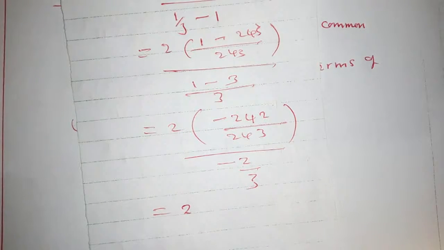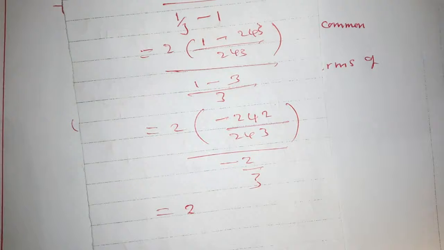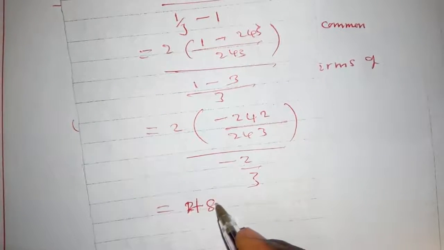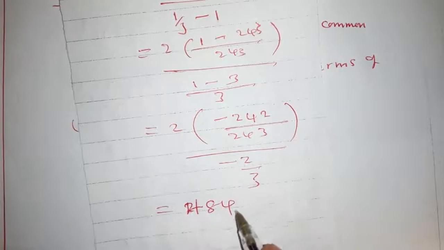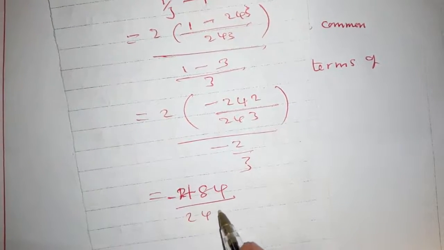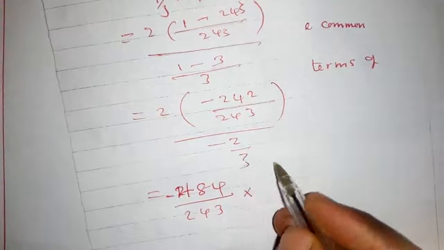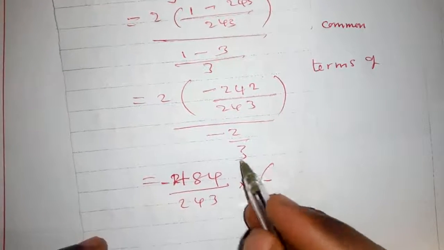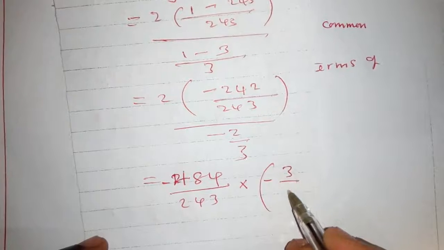So negative 2 multiplied by negative 242, we have 484. Multiplying these over, negative over 243 times this one will flip, since it's a division of fractions.